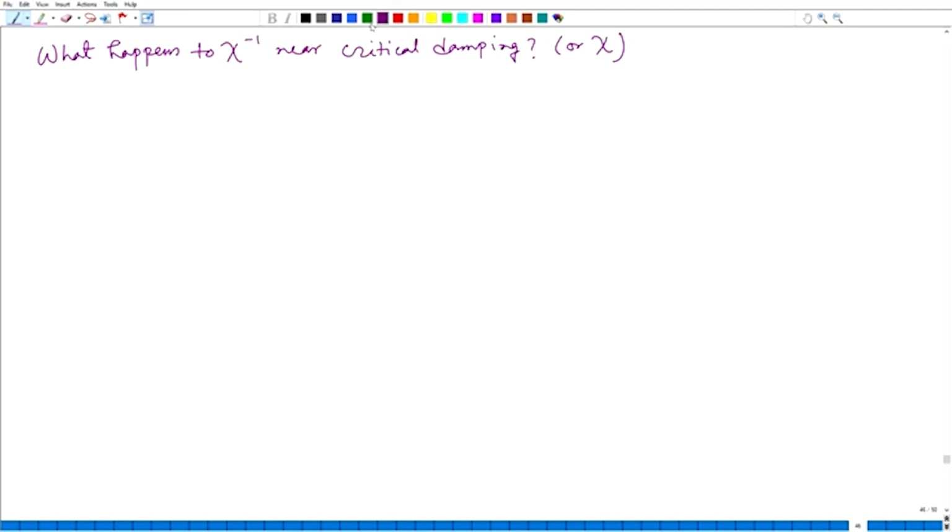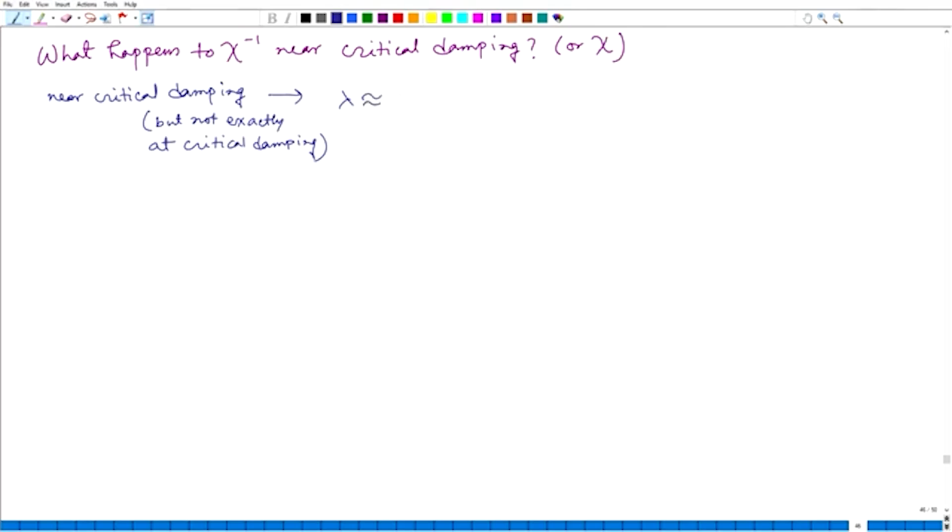Okay. So, near critical damping, it is not exactly at critical damping, because critical damping permits another type of solution, right, that is not exactly the overdamped solution. So, near critical damping, but not exactly at critical damping. Okay. Near critical damping, what happens?